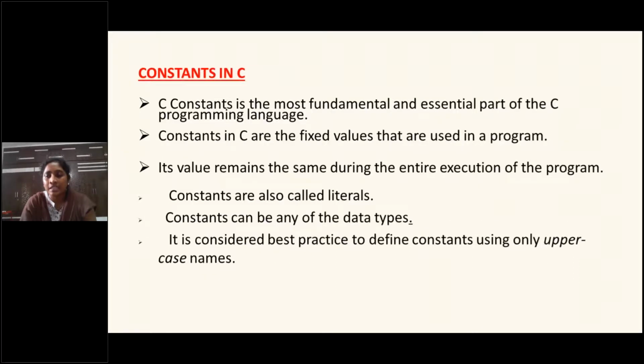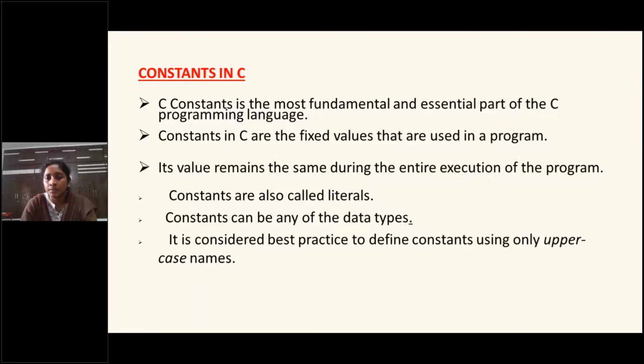Constants in C. What is a constant? What is the difference between variables and constants in C? A constant, as the name specifies, will not change throughout the execution of the program. It is fixed. So how can we fix constants in a C program? There are two ways of fixing constants in a C program.